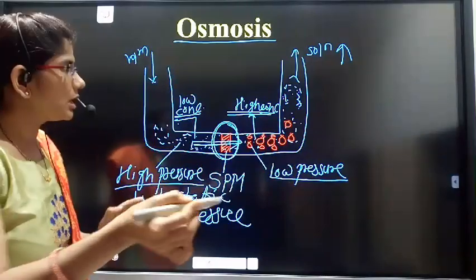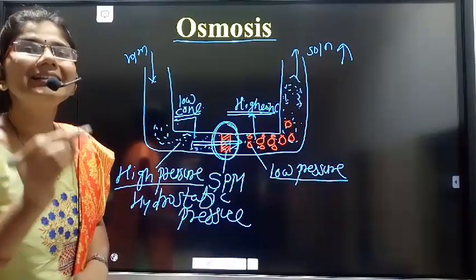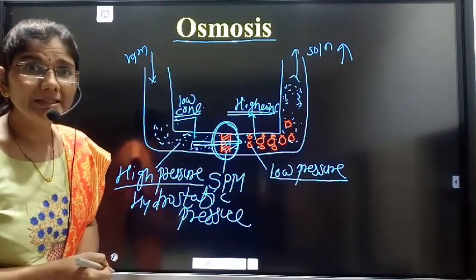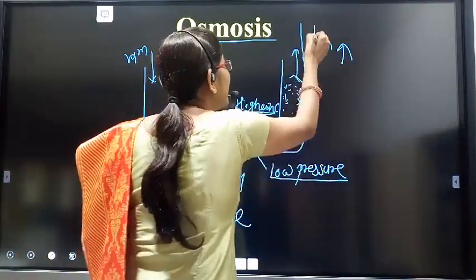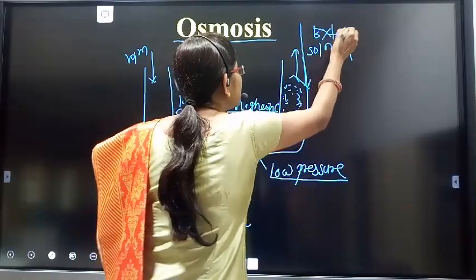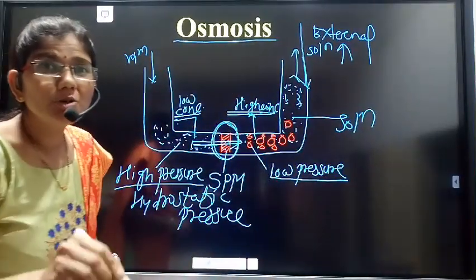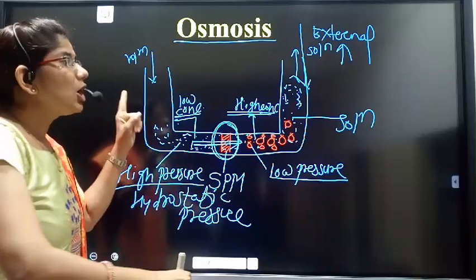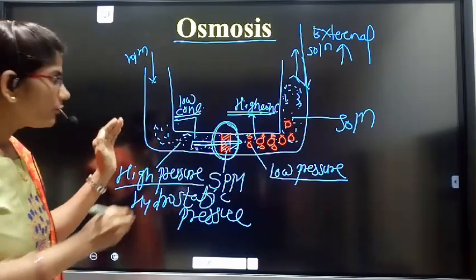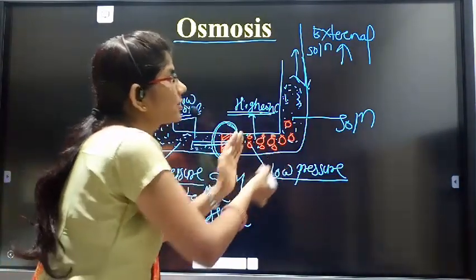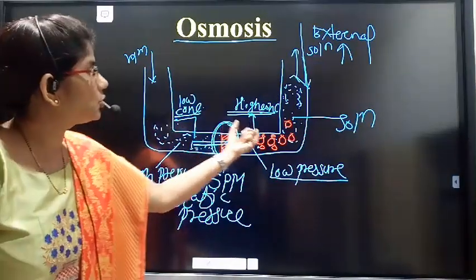We want to flow the solvent from higher concentration region to lower concentration region, and at that time we have to apply an external pressure from the solution side to stop the osmosis, because osmosis is the flow of a solvent from lower concentration region to higher concentration region.